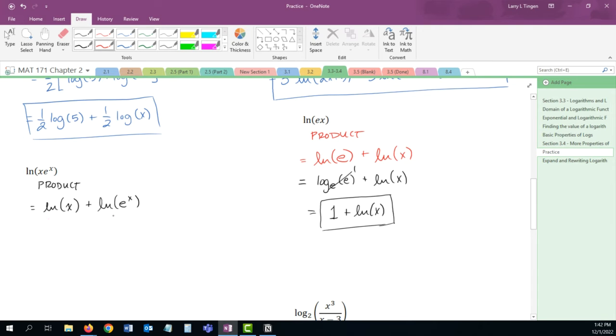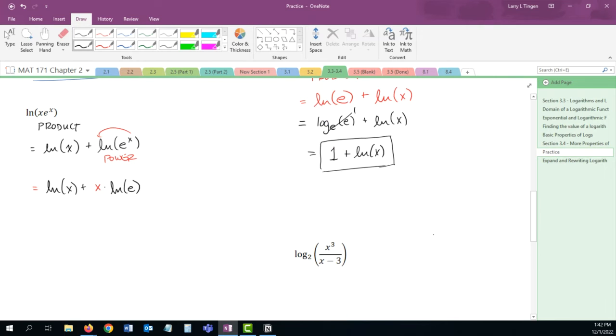The first term is done. The second term then allows the power to kick in. So what have I got now? I have the natural log of x plus, bring the power down, and then write the natural log of the base.